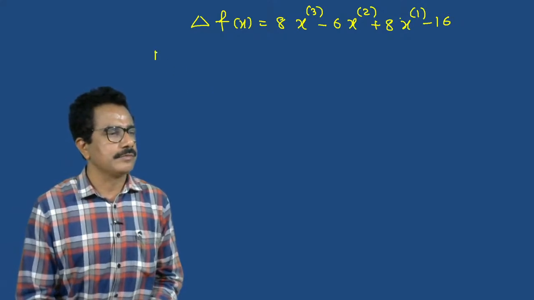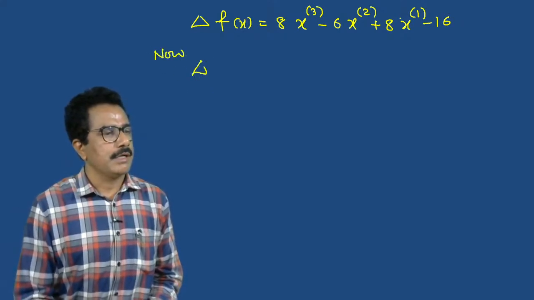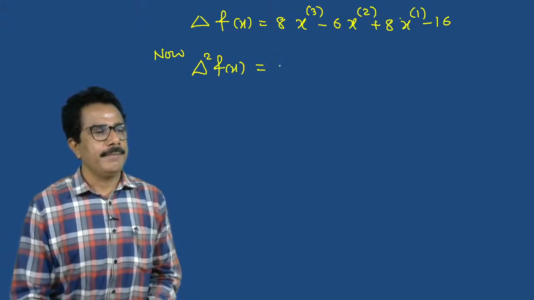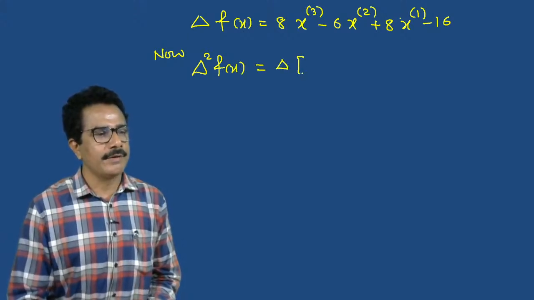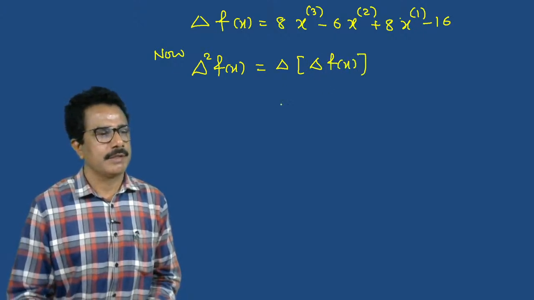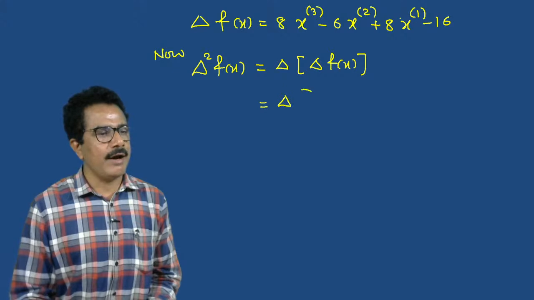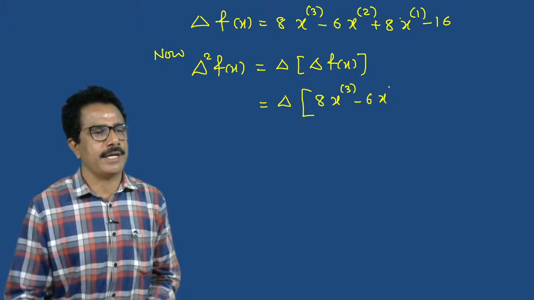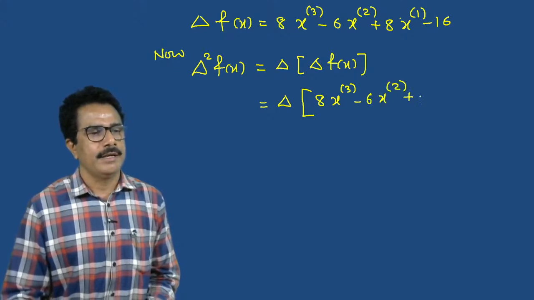Now delta 2 f of x means delta of delta f of x, that means delta of 8x raised to 3 factorial minus 6x raised to 2 factorial plus 8x raised to 1 factorial minus 16.